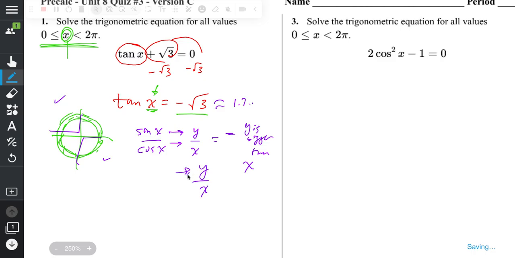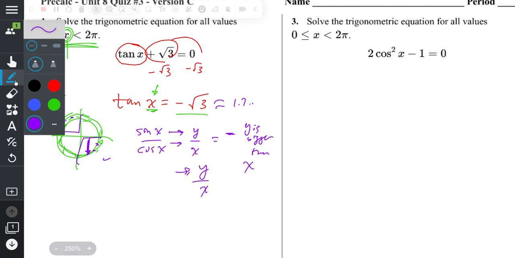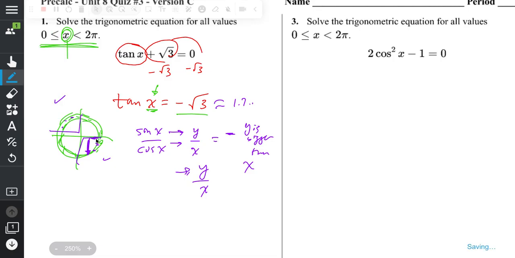So where in this quadrant is the y coordinate kind of bigger than the x coordinate? It's definitely going to be down there. Of your three choices, this is the one with the biggest y relative to the x, right?